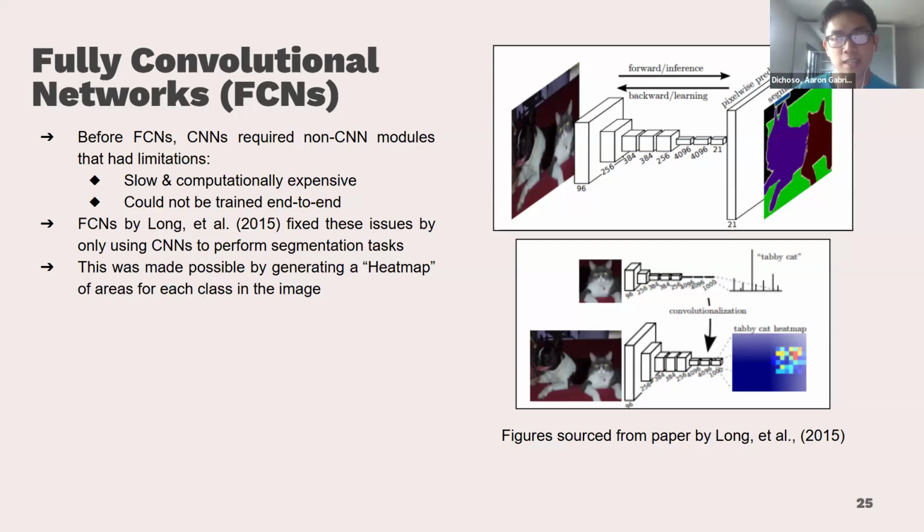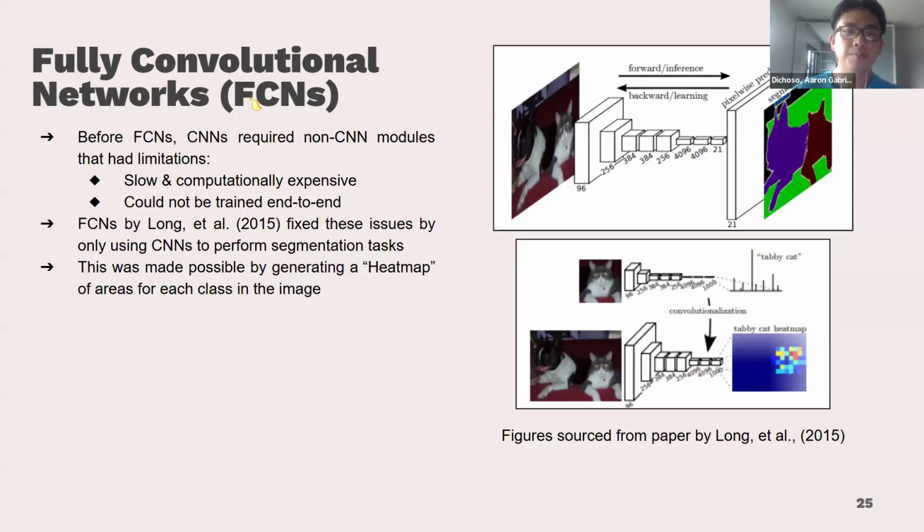They still relied upon some pre-processing techniques, like the traditional methods that I showed earlier, in order to perform segmentation. Fully convolutional neural networks remove all of those pre-processing techniques or traditional methods, and instead opt to use just convolutional neural networks to perform segmentation.